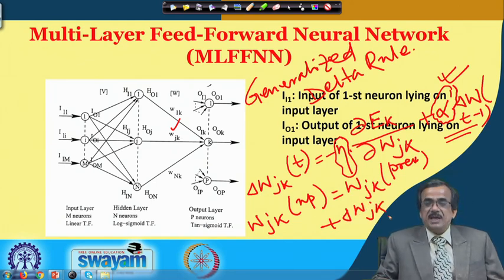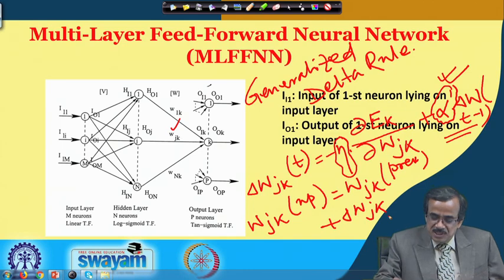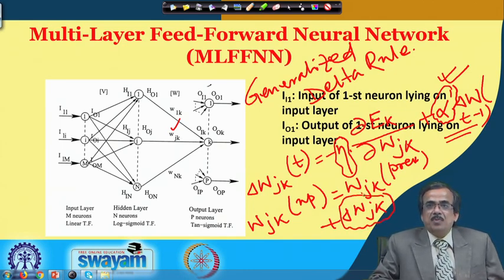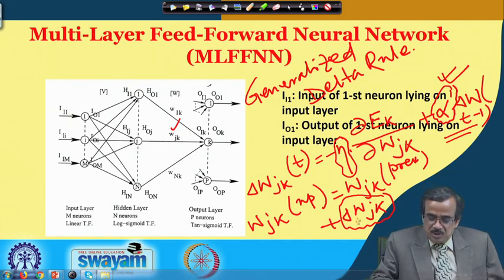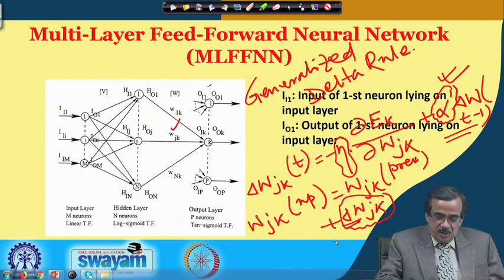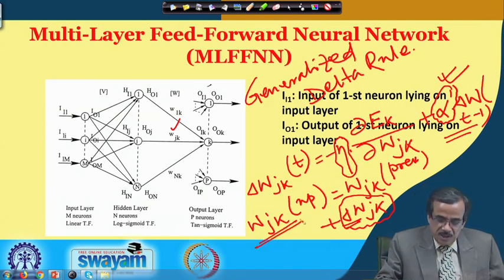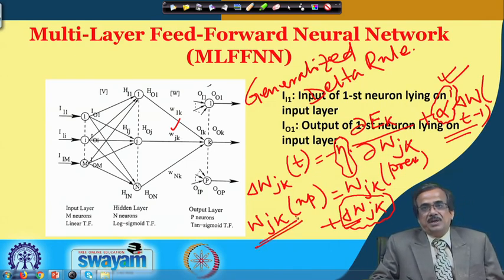Now, supposing that this delta W value is found to be positive for a large number of consecutive iterations. This delta W could be either positive or negative, but fortunately or unfortunately I am getting the positive value for a large number of consecutive iterations. Then what will happen to this updated W j k?